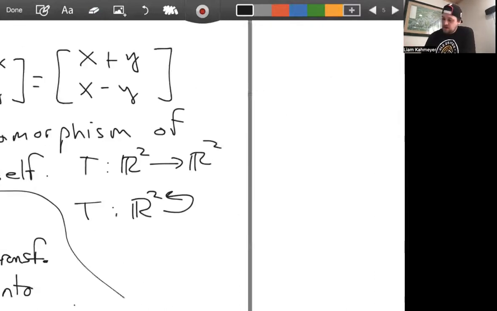So let's do that. Let's prove this here. The first thing we need to show is that T is a linear transformation. What does it mean that T is a linear transformation?